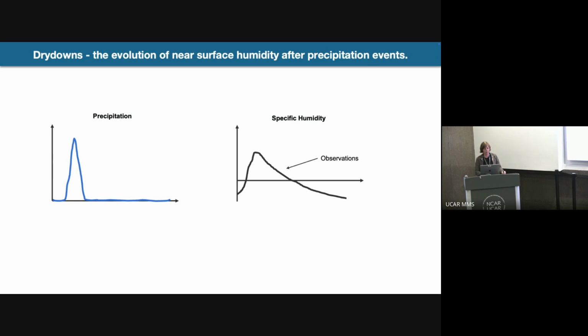If you have a precipitation event, you might expect that humidity would rise, and then it would fall off on some time scale as the soil dries out and there's no more water left to evaporate. And if the model were less water limited, maybe you'd expect less of a rise in humidity with the rain and then a slower gradual fall off after it's rained.